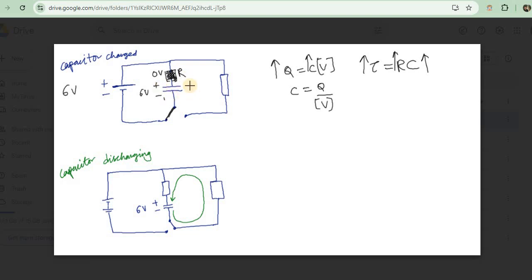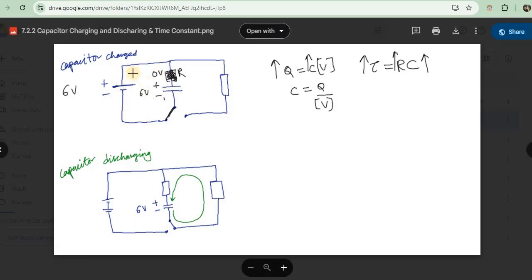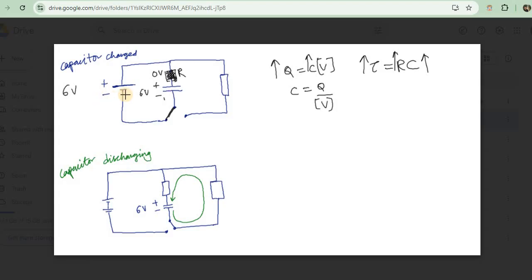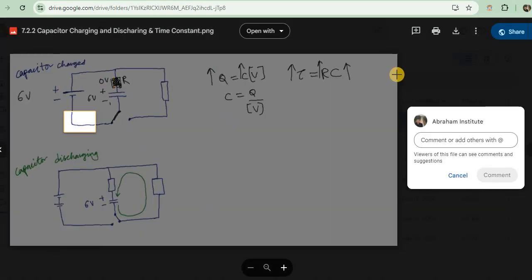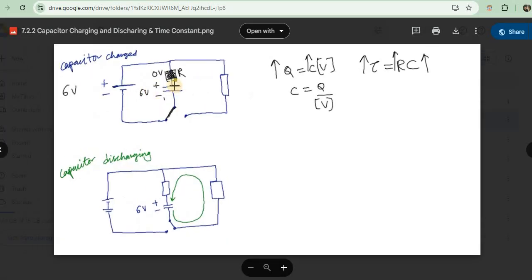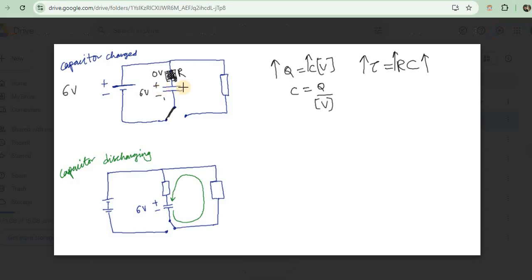When you connect this to a cell or a battery, this is the positive terminal of the battery, this is the negative terminal. The battery is an electron pump, it pushes the electrons around the circuit. But remember, charge doesn't flow through the plates of the capacitor.